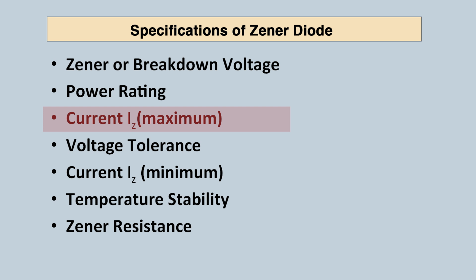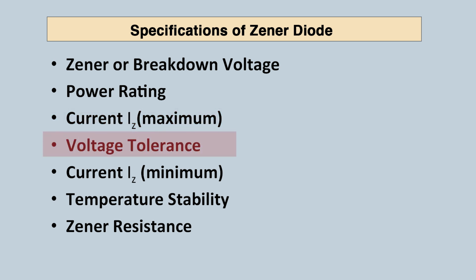We can see it has a wide variation, or a wide band, of 200 microampere to 200 ampere. So we can say that it can be used in a large number of applications.